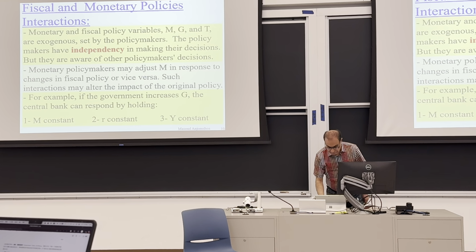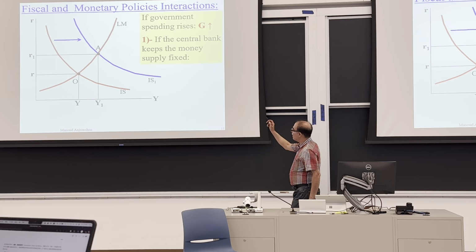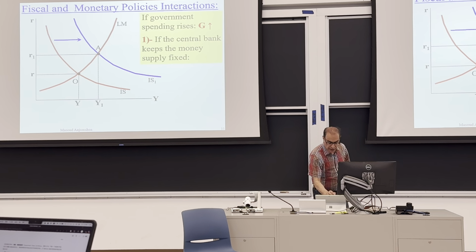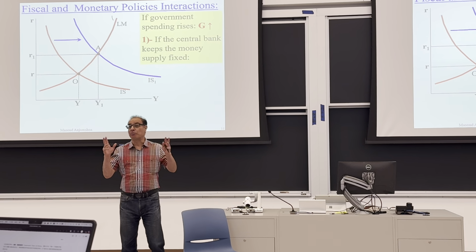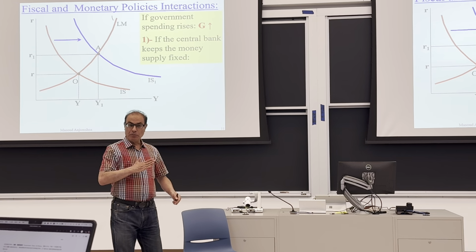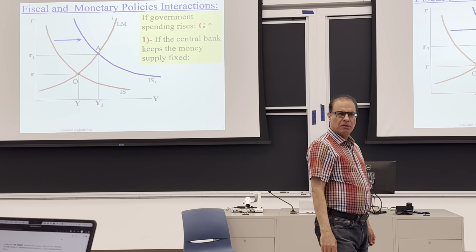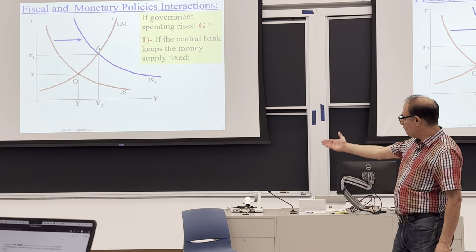So number 1, this is the increase in G. If the central bank keeps money supply fixed, the MS remains here. Sometimes I call this the doing nothing policy. The government increases G, and the central bank just watches what's going on. So what happens?